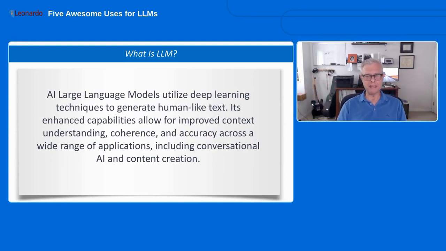Okay, next question to answer as background is, what is an LLM, or large language model? So here's a simple definition. AI, large language models. It's a computer model that utilizes deep learning techniques to generate human-like text. And now, more than text, images, the senses are expanding.